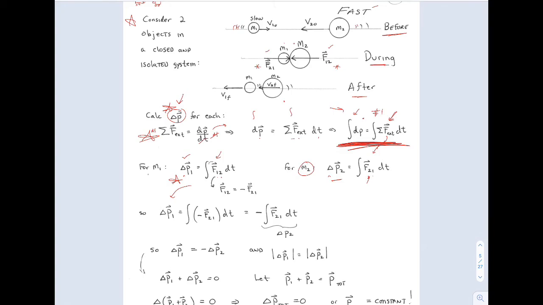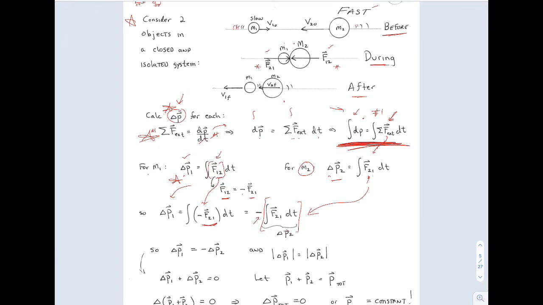But this force in here, F12, is equal in magnitude but opposite in direction to F21. So right here I said F12 is minus F21, so in here I put minus F21. I brought the minus sign on the outside, but this integral right here is just delta P2.